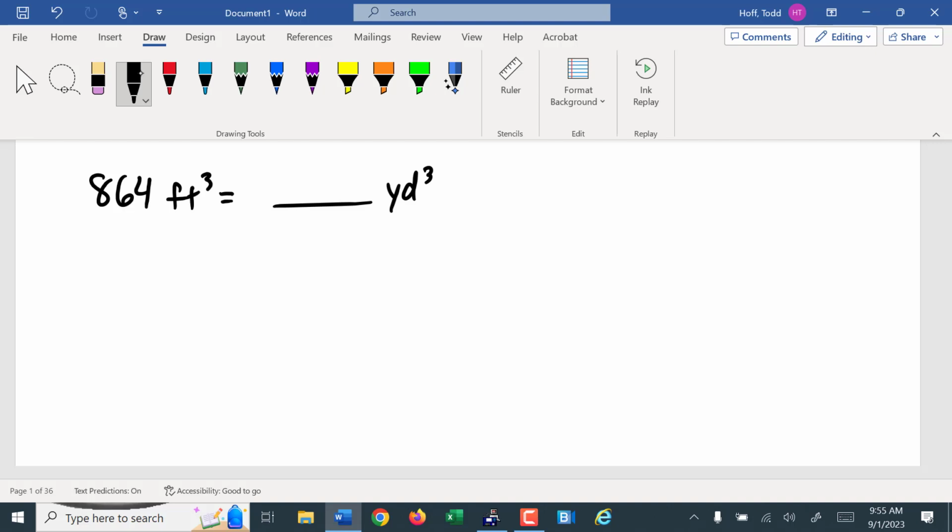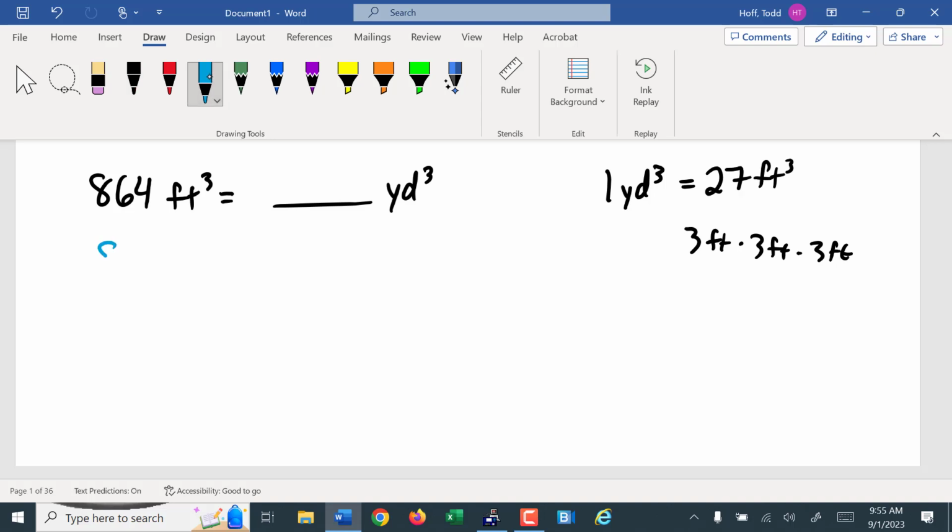Well, just like 1 cubic foot was 12 by 12 by 12 inches, or 1728, 1 cubic yard is 3 feet by 3 feet by 3 feet, or 27 cubic feet. So we have our 864 cubic feet over 1.